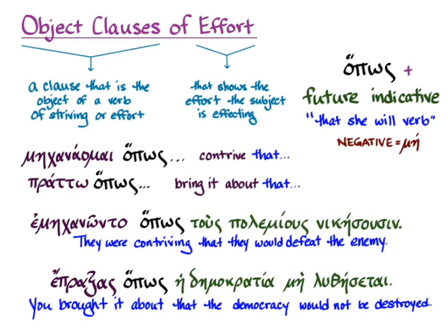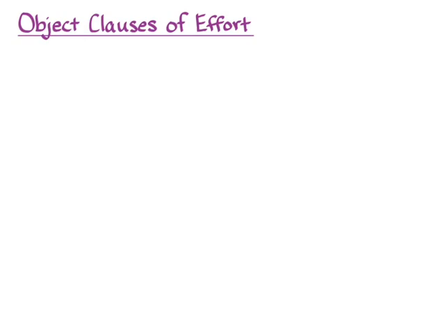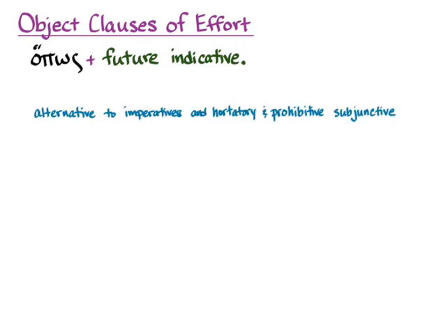So object clauses of effort are very useful with specific verbs, but they can also be used independently. So hopos and the future indicative, use that conjunction and the future indicative and put a period after it, and you have a whole independent sentence on its own. And that independent use of hopos in the future indicative becomes an alternative to imperatives and also to the hortatory and prohibitive subjunctive.